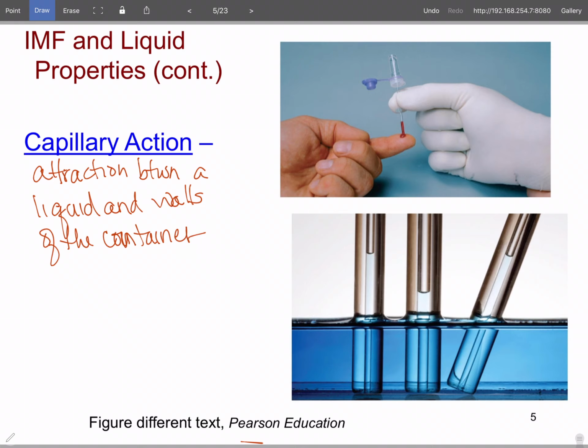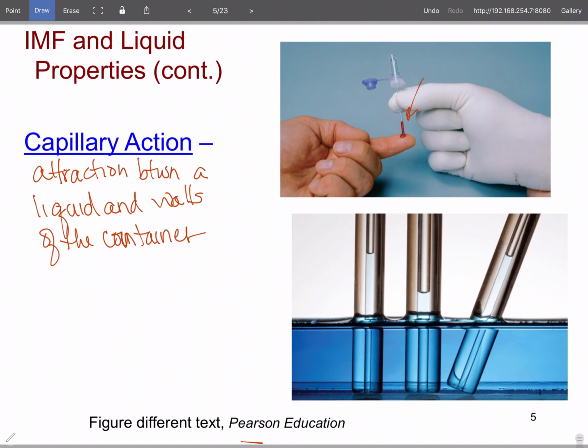So if you look over here, they're drawing a drop of blood. They do this a lot of times if you're having your iron tested. They prick your finger and then they put this little piece of glass that has two pieces together up there, and your blood just sucks in, but there's no mechanical force doing it. It's just the attraction.